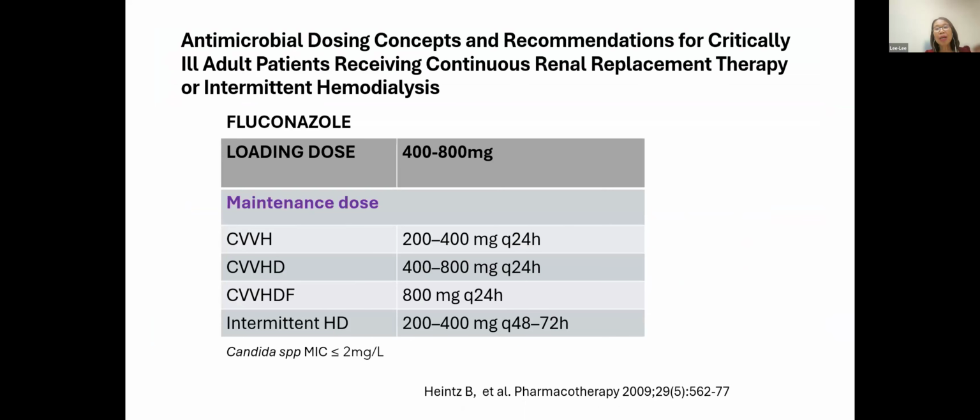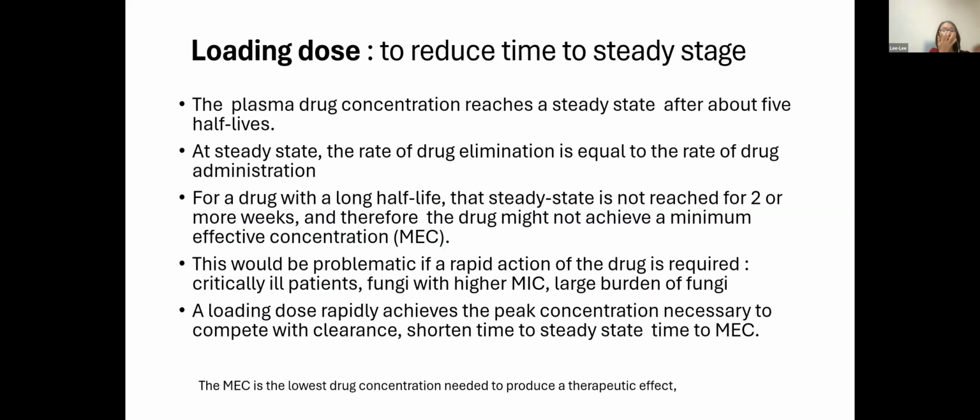So this is another paper quoted from the Pharmacotherapy Journal: antimicrobial dosing recommendations for critically ill patients receiving continuous renal replacement therapy. So you need a loading dose, okay, followed by the maintenance dose. We cannot compromise on the loading dose because that will delay the time to achieve the steady state.